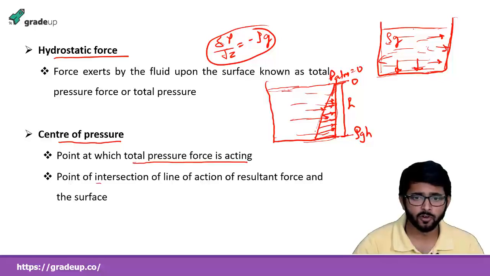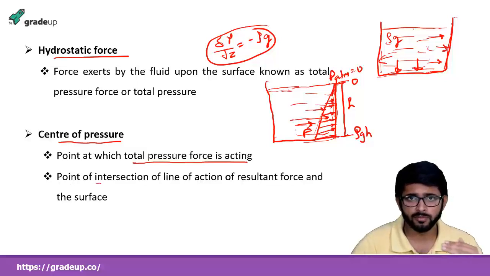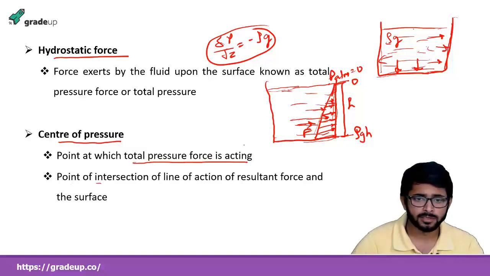Suppose the resultant force of this fluid acting in the vertical direction is, say, F. The line of action is where the force is applied, and it intersects the surface at a point. This point is known as the center of pressure.